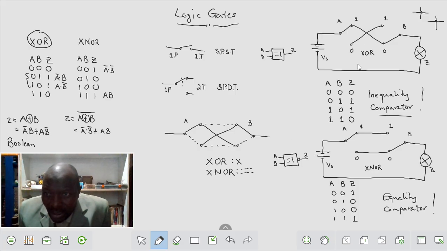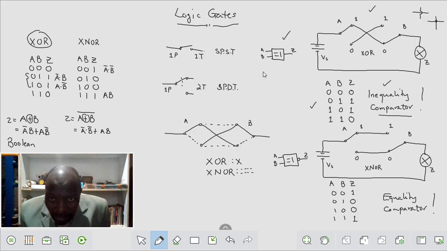So the first one there is our exclusive OR. There is the switch circuit for the exclusive OR, there is the symbol, there is another name for it. There is the truth table, 2 inputs, 2 to the power of 2, therefore 4 possibilities. And we shouldn't forget the Boolean equations.